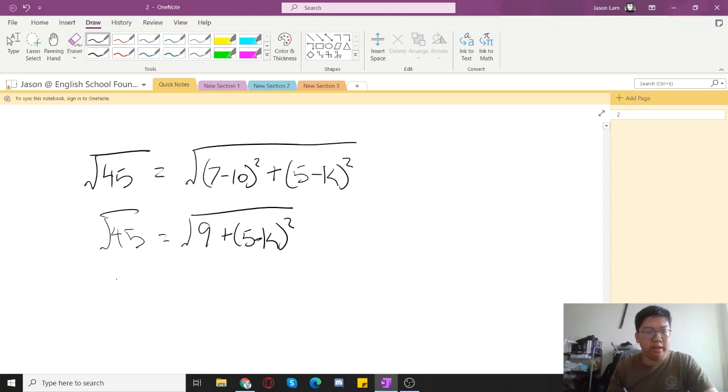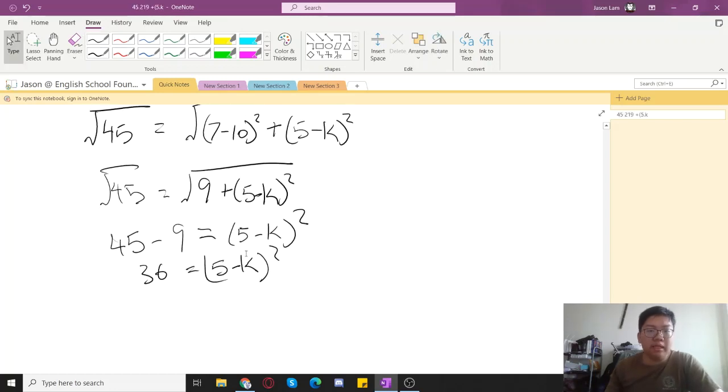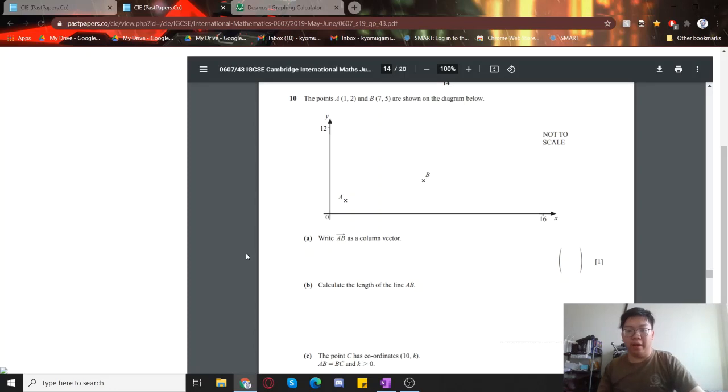Alright, and then let's deal with it now. Let's remove the squared first, and then also take 9 to the other side. So we're minusing both sides anyway. So we got 36, 5 minus k squared. That's still right.